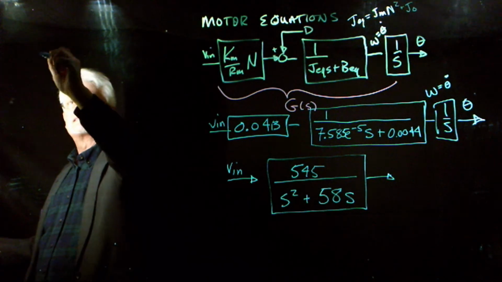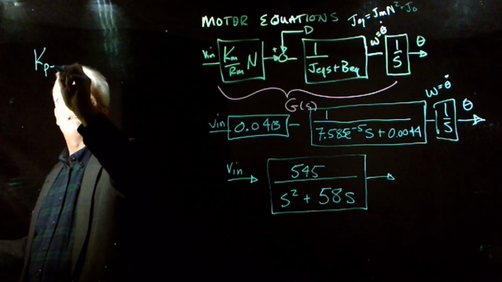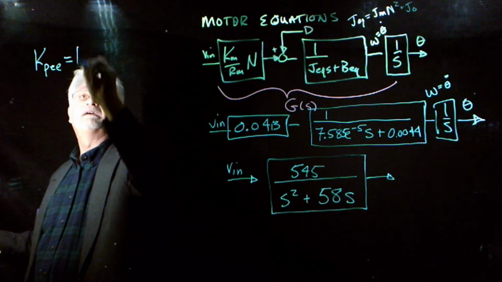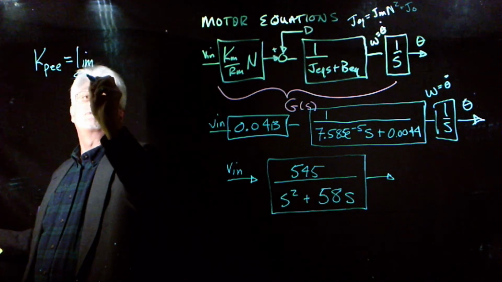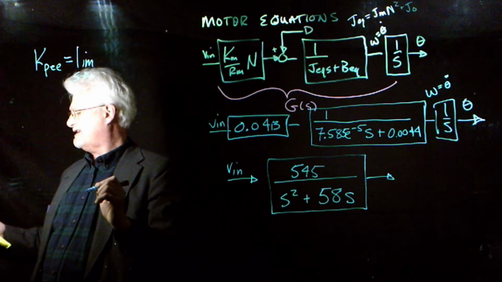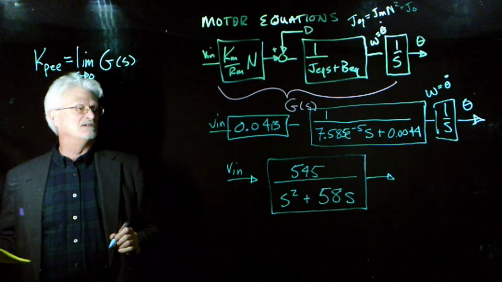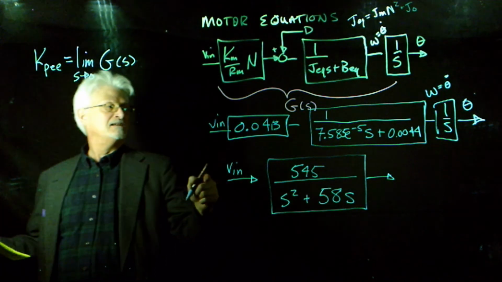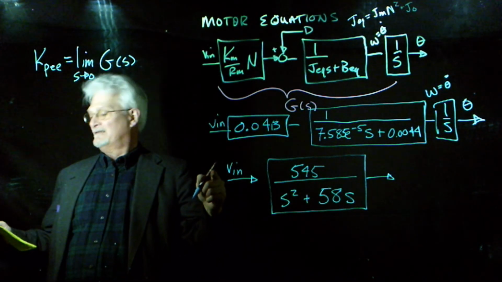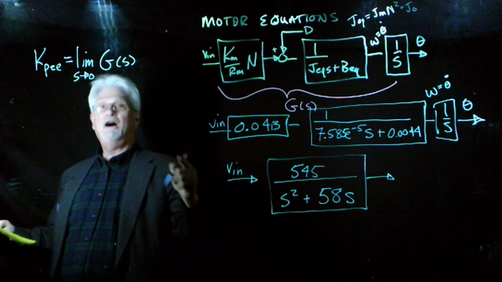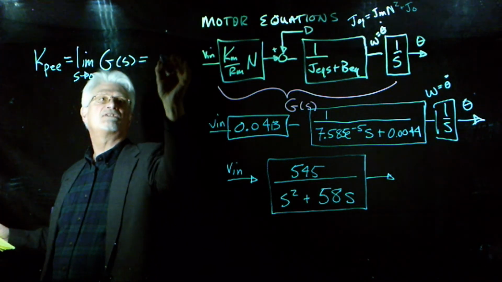So what I'm going to be able to do here is also say that the proportional constant, I'm calling it Kp here, Kp is equal to the limit as s approaches 0 of G of S. And we can do that one. The limit as s approaches 0 is 0.